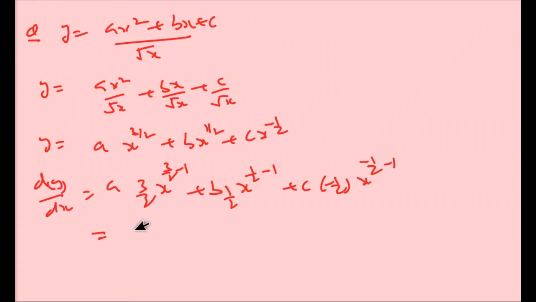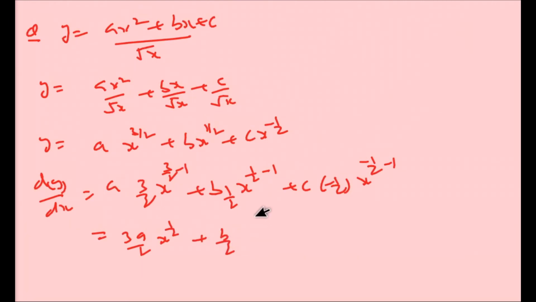Okay students, note down that first you have to simplify. Once simplified, the last step gives 3a by 2 x to the power half minus 1, meaning 3 by 2 minus 1; you can take the LCM here, it is 1 by 2 x to the power 1 by 2, and this is very simple.